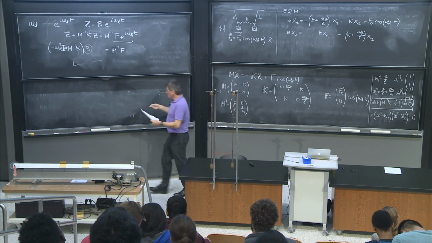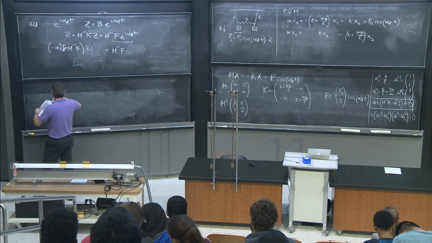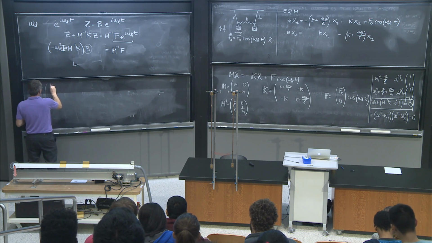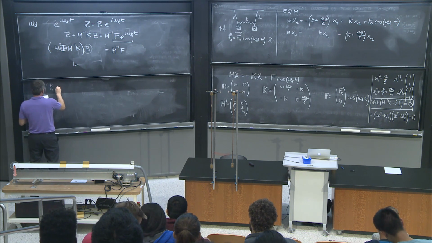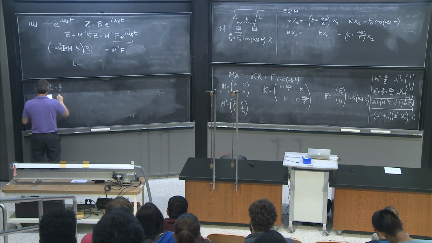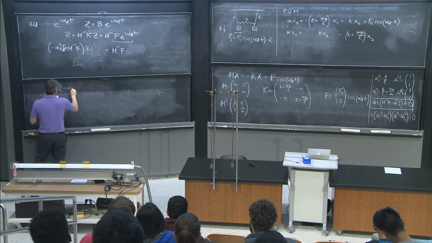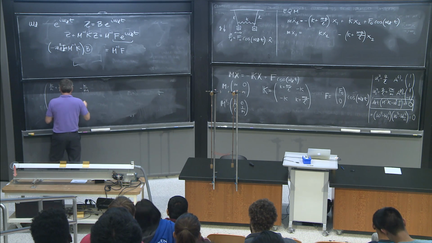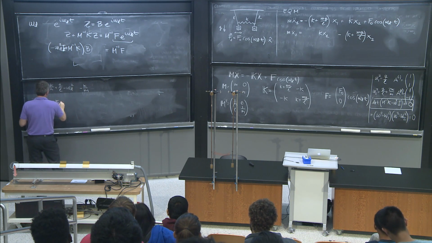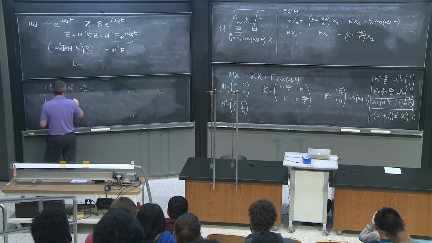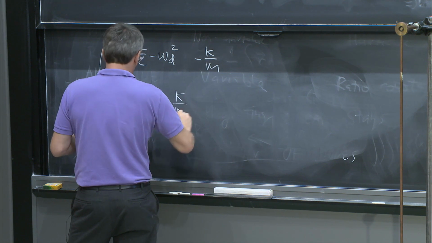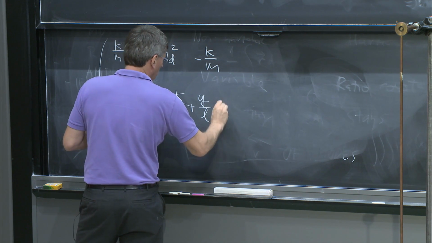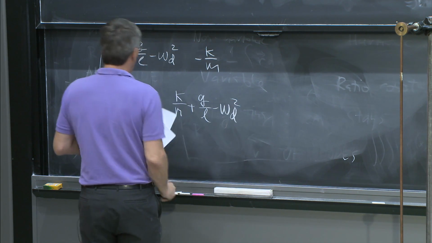We can write this down again in a more open way for our specific case. This will be the matrix with entries k over m plus g over L minus omega d squared, minus k over m, minus k over m, and k over m plus g over L minus omega d squared.